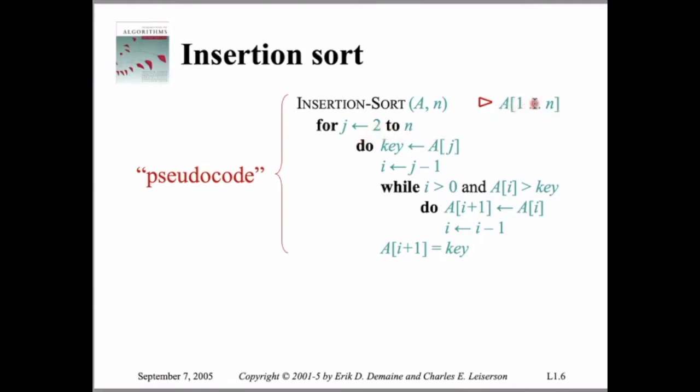So parang nag-i-increase yung iterator natin j 2 to n, and then we identify yung correct position ng bawat element na yon dun sa array. Okay? So yung ginagawa nung yung pag-identify ng right position is what's happening dito sa part na to ng pseudocode.